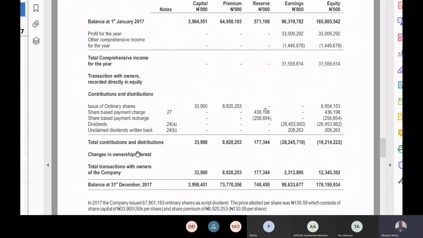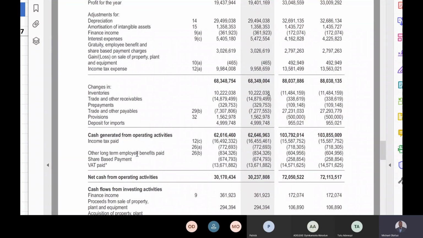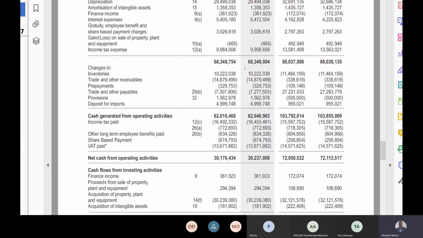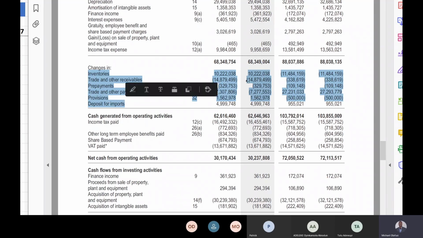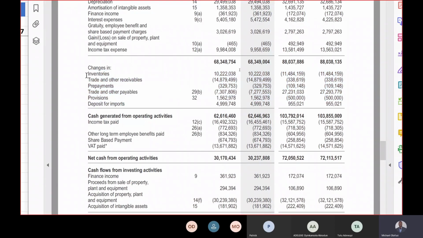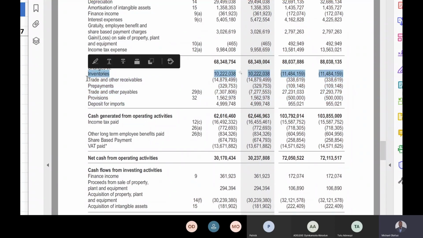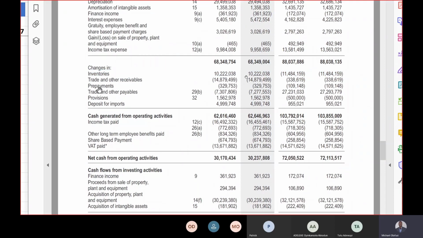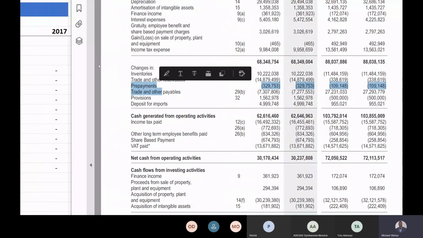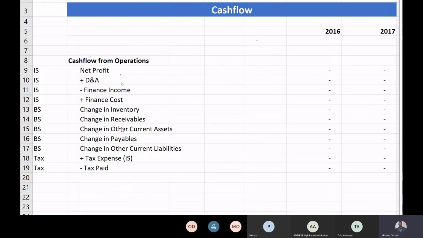And then after that is done, you will notice that, as we said, inventory, trade receivable, everything that is related to the current asset and current liability. Inventory is current assets. Trade receivable is current asset. Prepayment is current assets, which in our own will have fallen under other current assets.